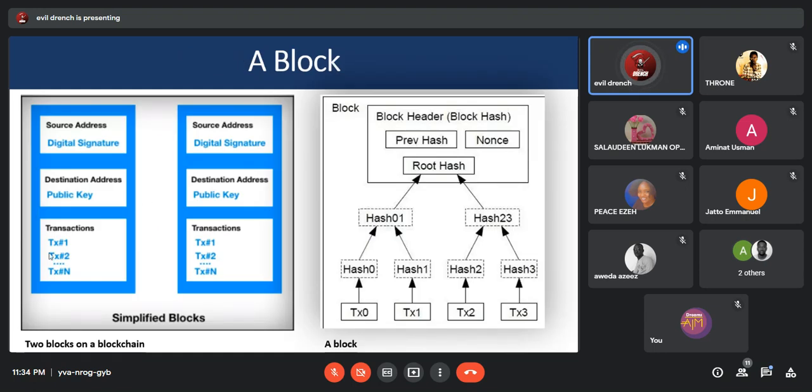Looking at these simplified blocks, multiple transactions are bonded together to form a block, right? In its simplest form, it is just a data structure. Every cryptocurrency has its own customized properties. For example, in the Bitcoin blockchain, a block is generated every 10 minutes, and the size of each block is 1 MB, 1 megabyte, sorry.